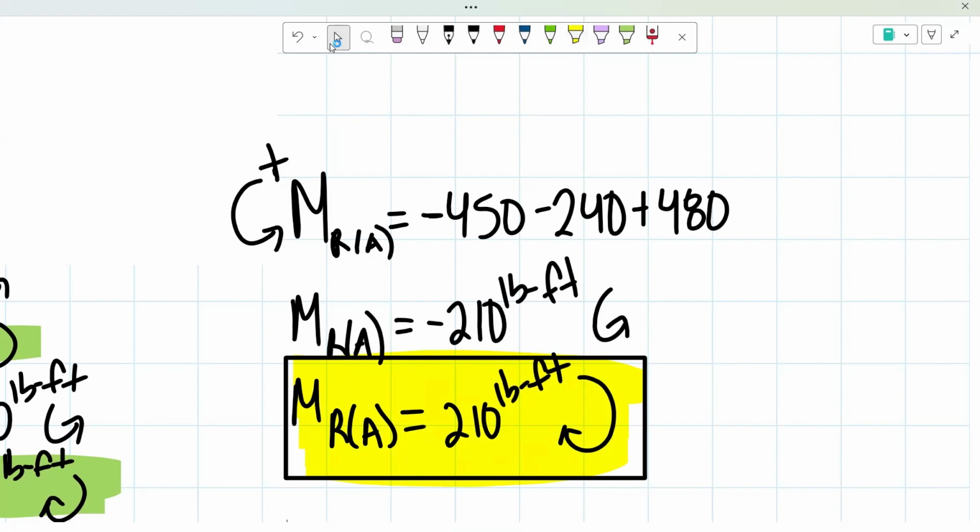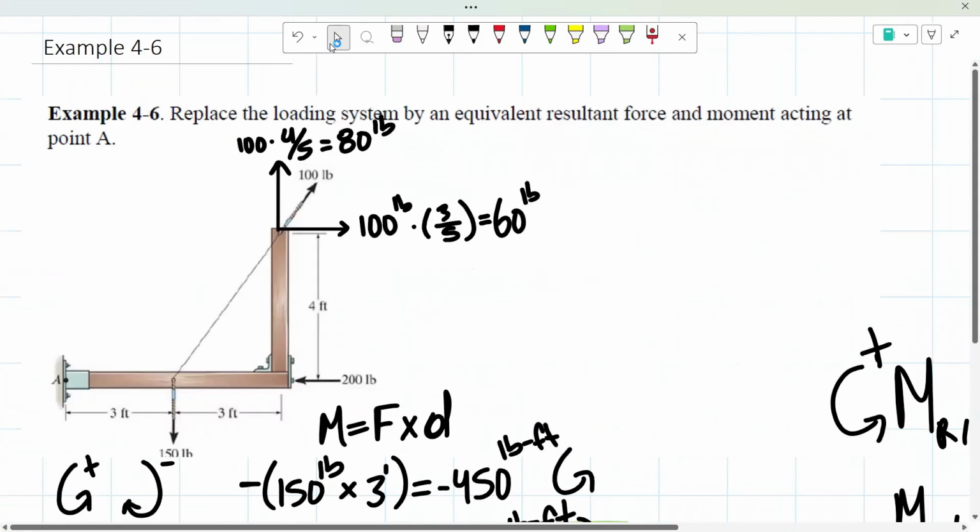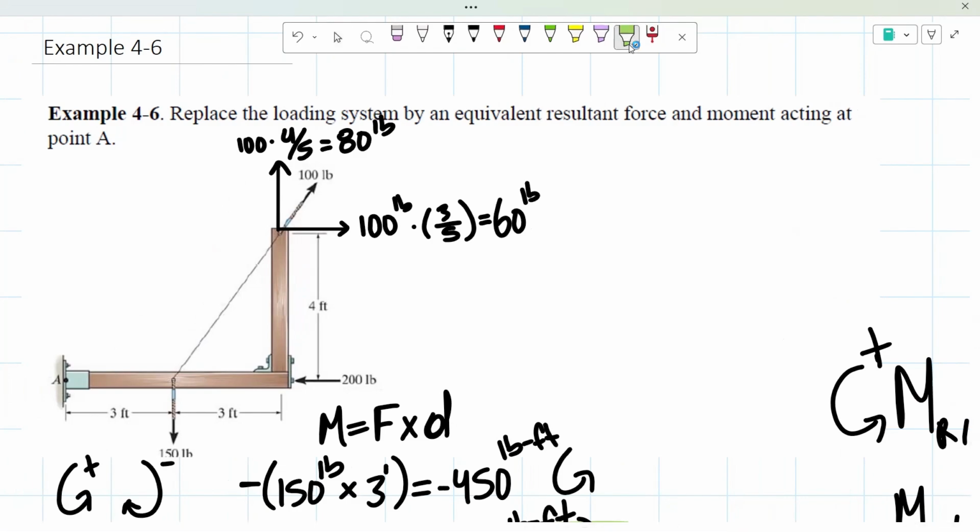So now, as you guys could see, this example was asking us to replace the loading system by an equivalent resultant force and moment at point A. So we already found the equivalent moment. The only thing that is now missing is the equivalent resultant force.